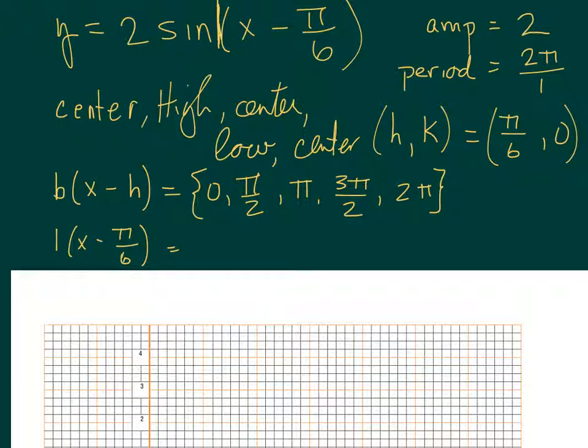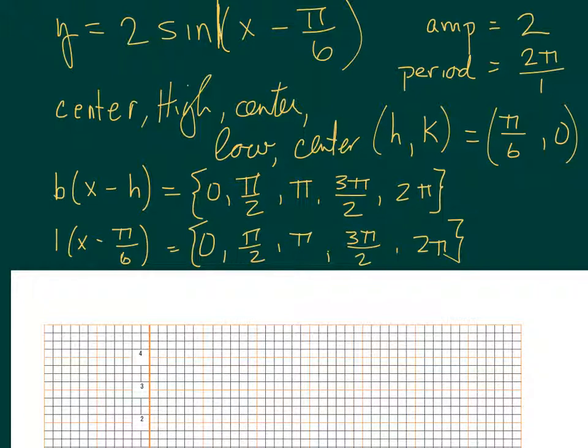So in order to solve for x on each one of these, all we need to do is add pi over 6. In each case, we would have x minus pi over 6 equals 0, x minus pi over 6 equals pi over 2, and so on, all the way up to x minus pi over 6 equals 2 pi. So we would add pi over 6 to both sides.